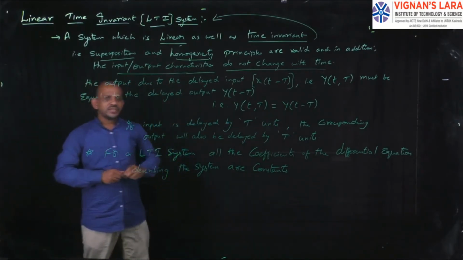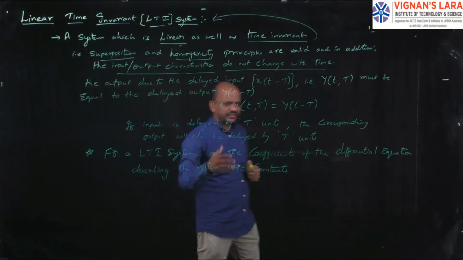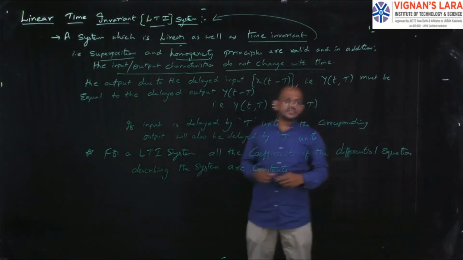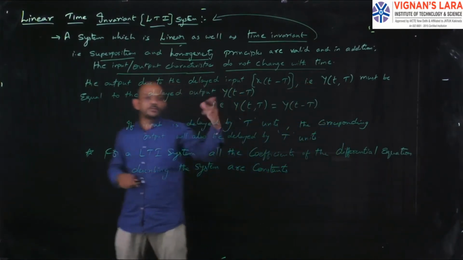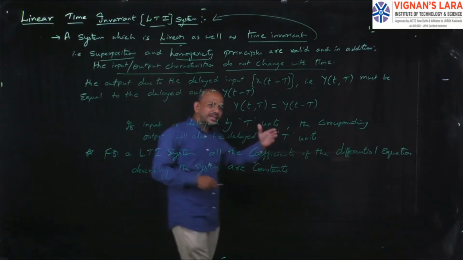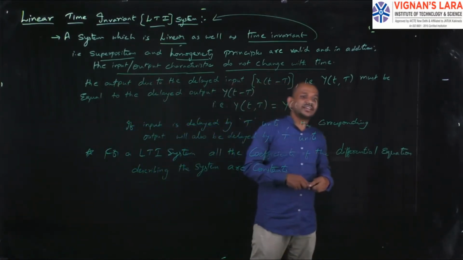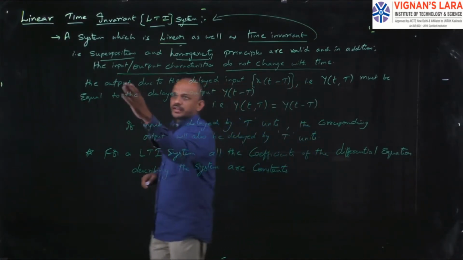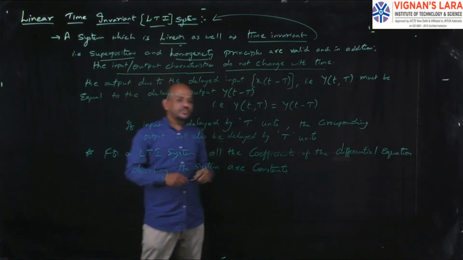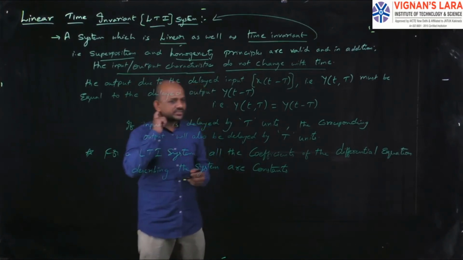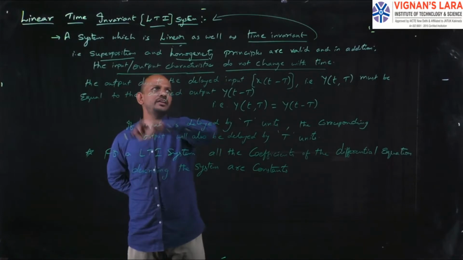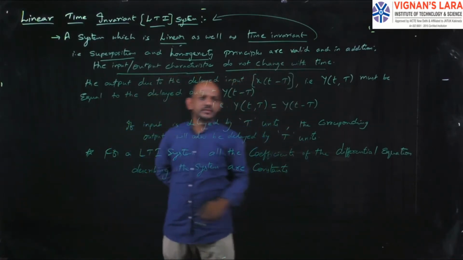That means, if there is a delay in the input by capital T seconds, then the output will also be delayed by the same capital T seconds, then that is time invariant. So, for an LTI system, it has to satisfy linearity and time invariance.